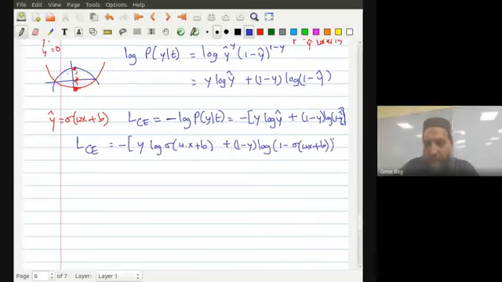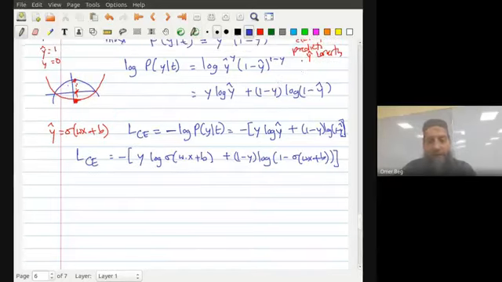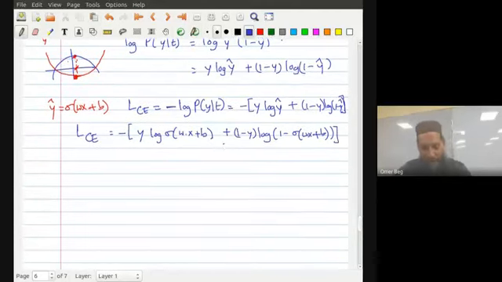See? I've just plugged in this value of y hat, which was the expected probability, into this loss function, the cross entropy loss function.